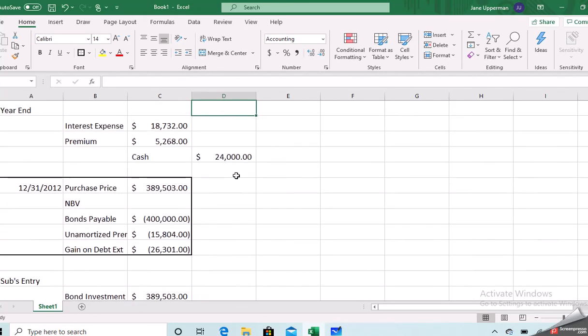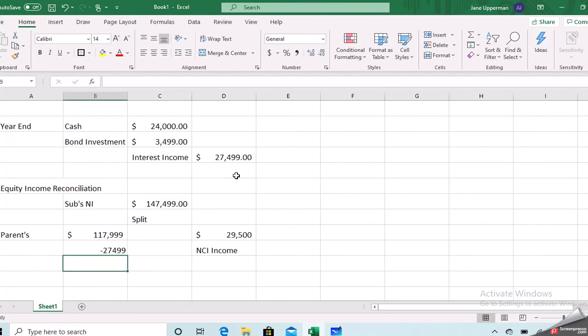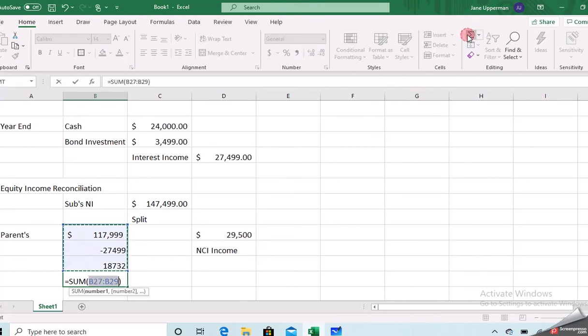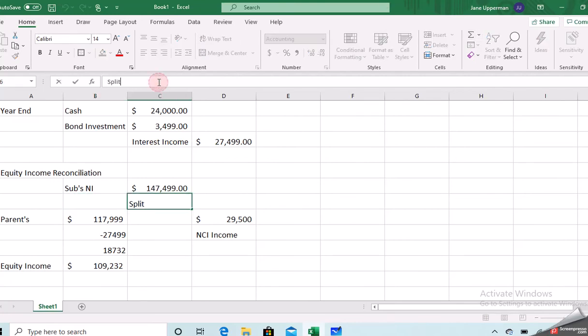And then there's interest expense of $18,732, and I want to add that back. Then I'll sum those, and that should be what shows as my equity income. And it does: 109,232. Just in case you're trying to back into that, you just have to make sure you do the split first. So that's the key there. We're going to split first.